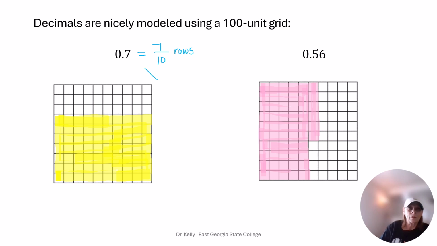Or we also have the fact that it is 70 out of 100 units. The same thing here. But we don't have that even row, so the only thing we can really say here easily at this point is that this is 56 out of 100.